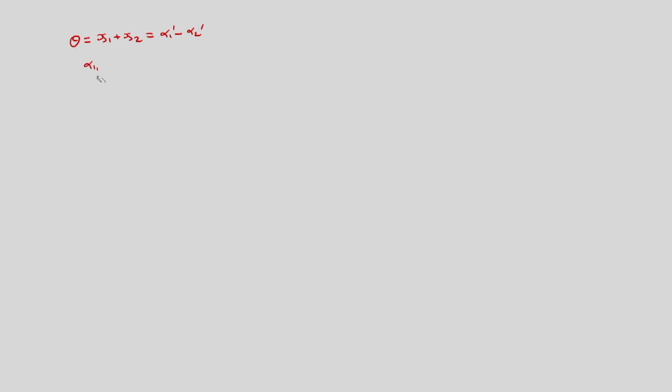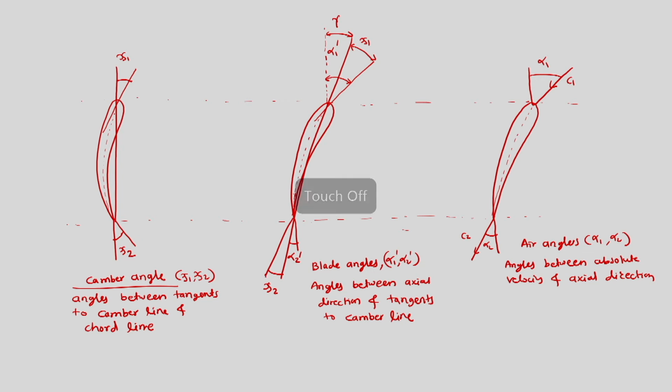Further, alpha 1 dash is equal to chi 1 plus gamma, and alpha 2 dash is equal to gamma minus chi 2. It should be noted here that this big angle is gamma in the outlet.